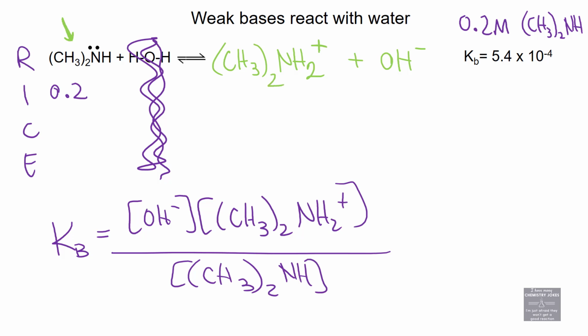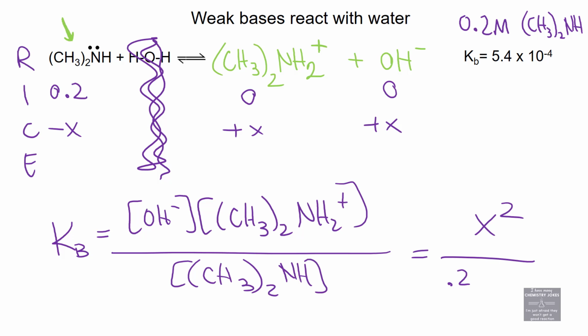Okay, so then I've got none of this, none of that, product. Going to lose some, going to gain some. And I set this equal to x squared over 0.2 minus x is equal to my Kb, 5.4 times 10 to the negative 4.